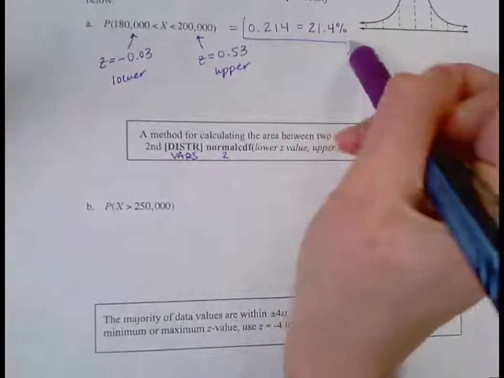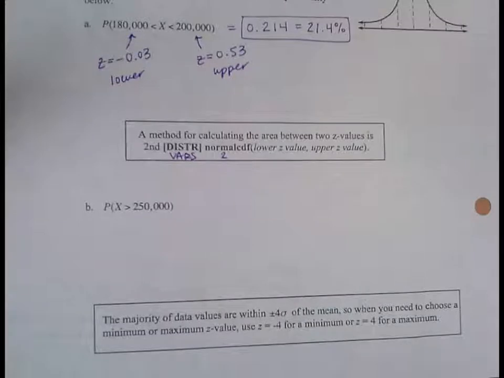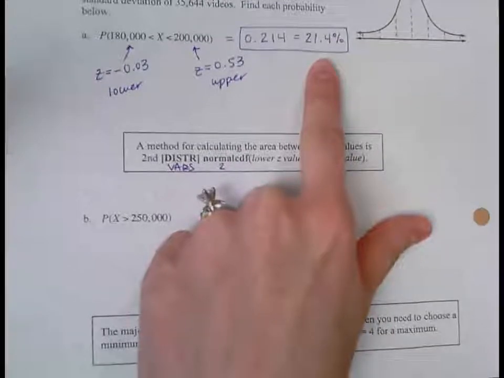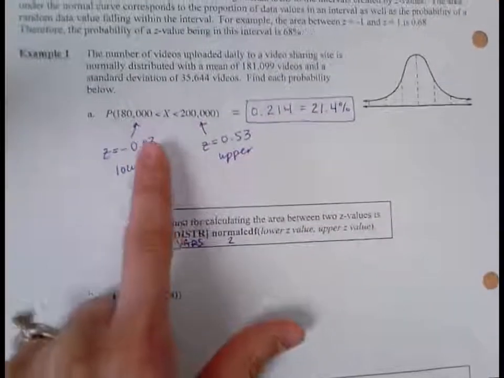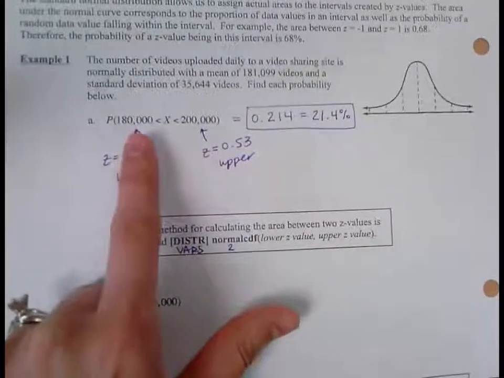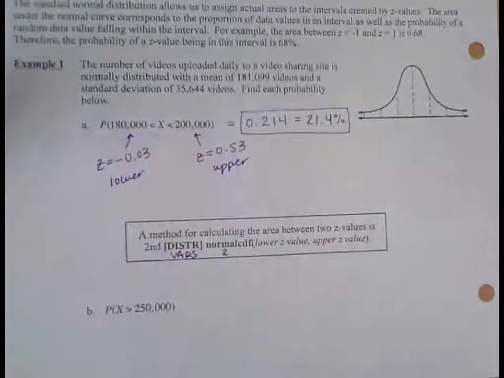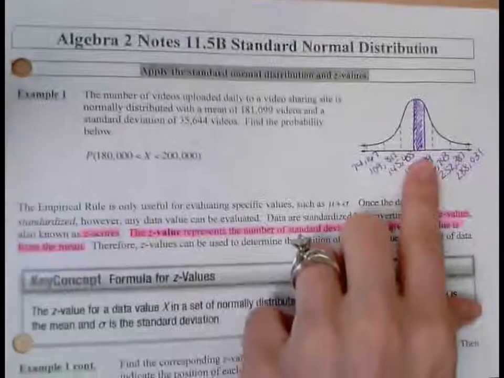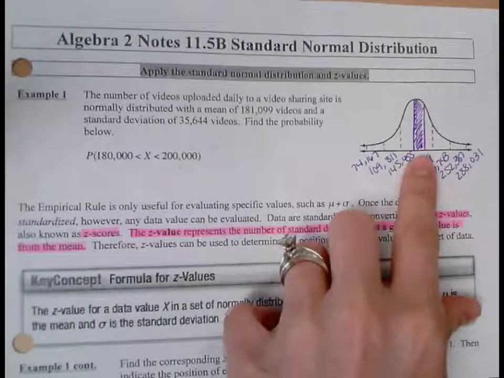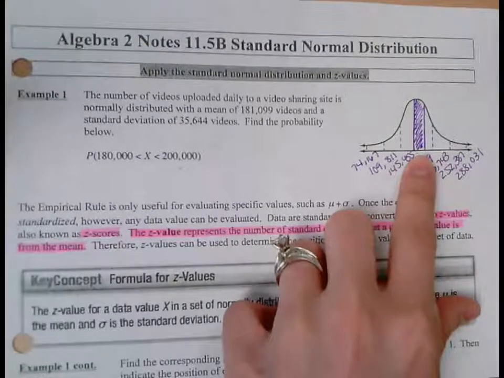And I would accept the decimal or the actual percentage, however you decide to write it. Okay, so that means there is a 21.4% chance that the number of videos uploaded daily would be between these two values. Okay, or this shaded portion that I drew at the very beginning, that is about 21.4%.